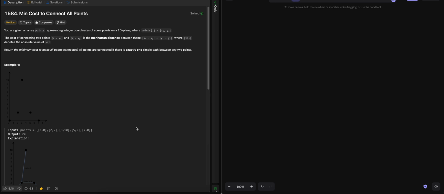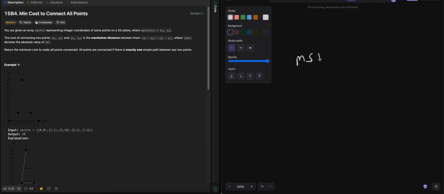Now, do we know any algorithm which can be applied to find the minimum spanning tree, the MST? How can we find the MST? There are various algorithms, a few of them are Prim's or Kruskal's. All these algorithms are used to find the MST, minimum spanning tree.